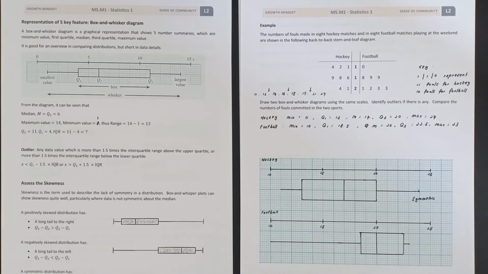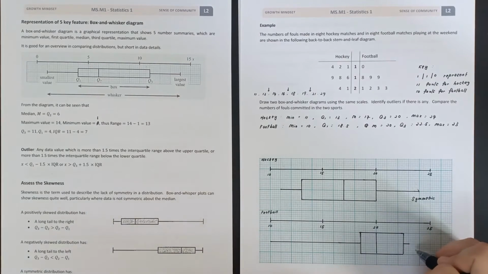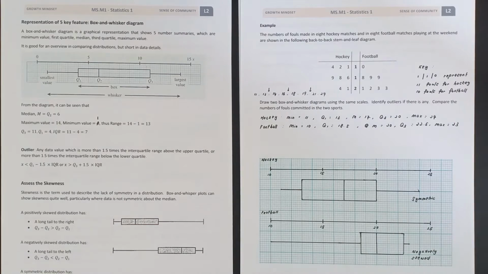For the other one, you can see all your numbers are on the lower side, so it's going to be negatively skewed. This is just for your information, you do not need to write it down. Negatively skewed, or sometimes we say skewed to the left, is totally fine.